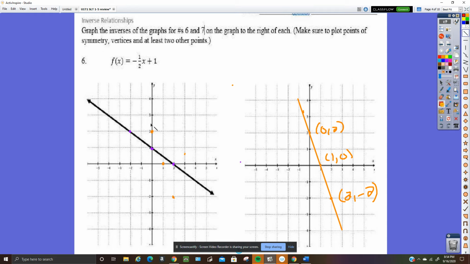They probably should have had you plot the inverse on the same graph here.